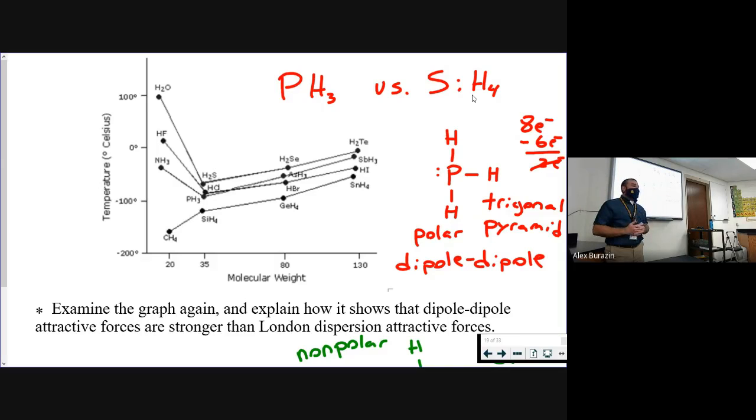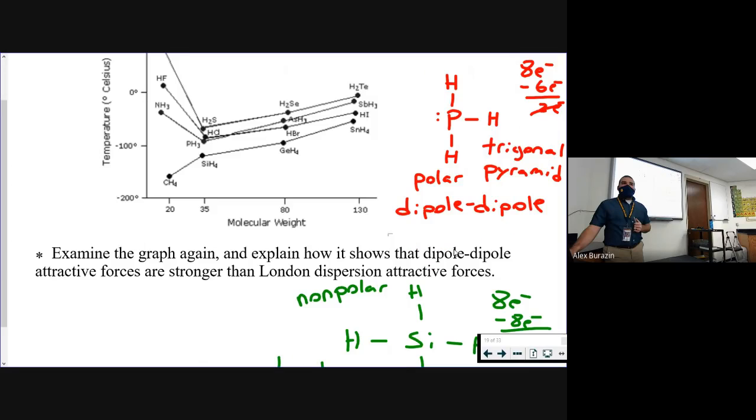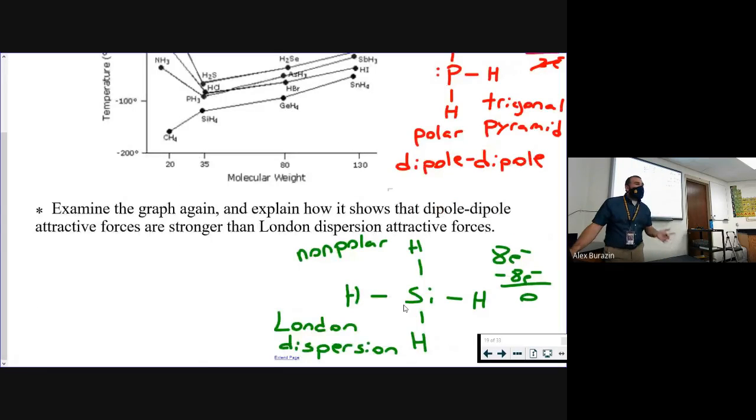The only difference between these two molecules, to give us some indication why this one's boiling point is higher than that one's, is PH3 has dipole-dipole and SiH4 does not. So dipole-dipole attractive forces must be stronger than London dispersion forces if all other factors are equal. And that is the truth.